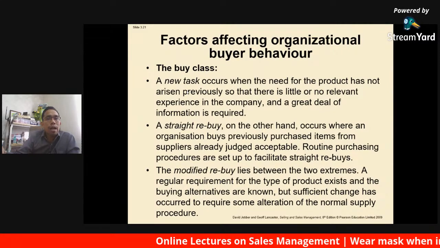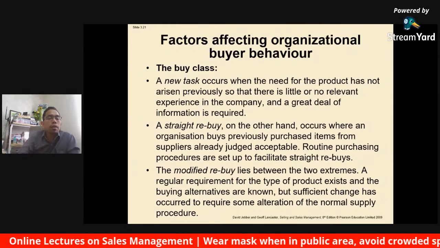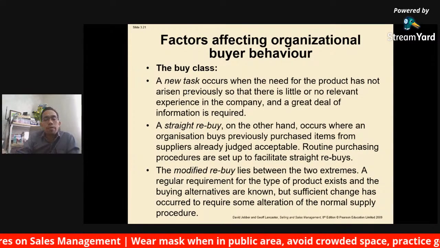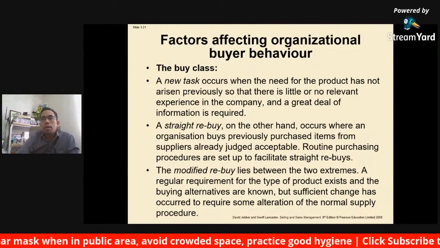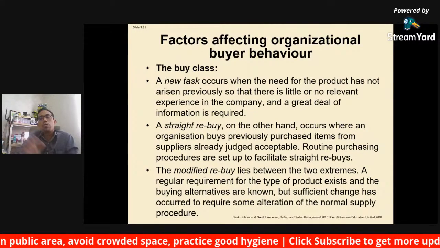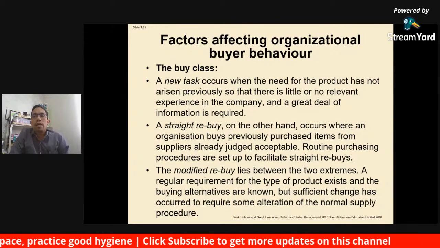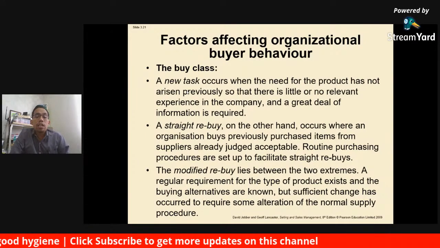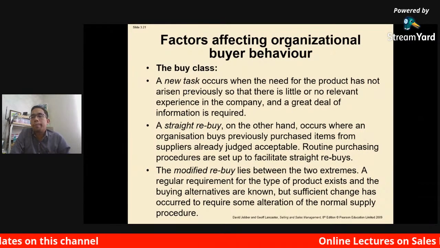However, if you have contracted for a year and you want to continue the purchase with the same preference, you do a straight rebuy. This is the process where you buy a previous purchase for an item which is already agreed between both parties.